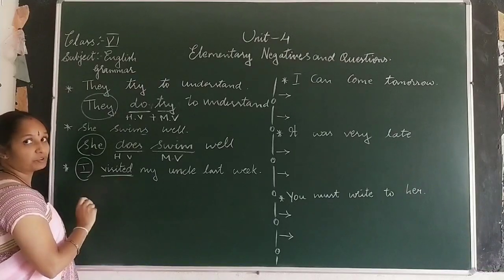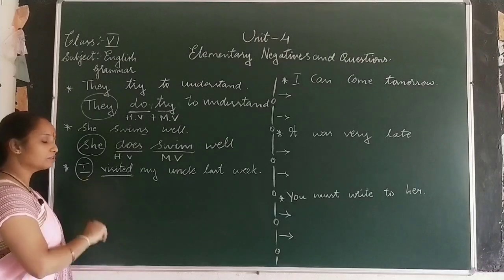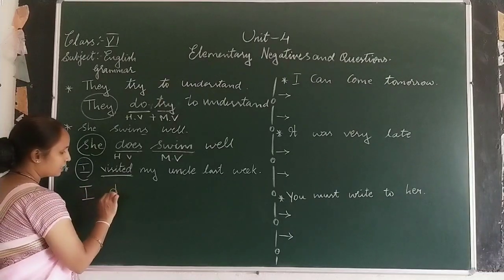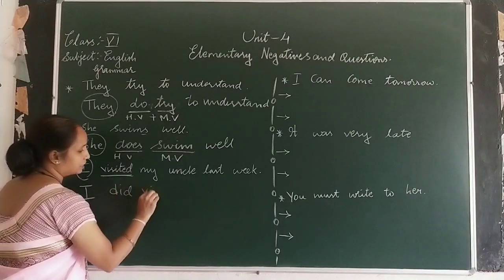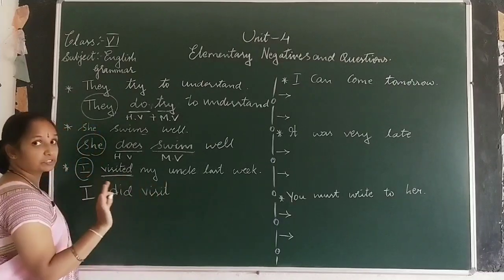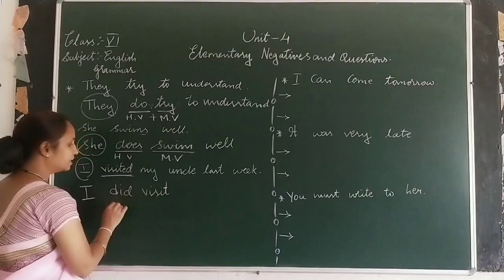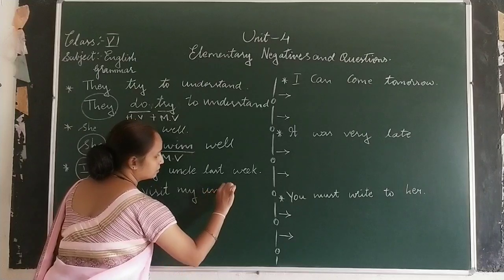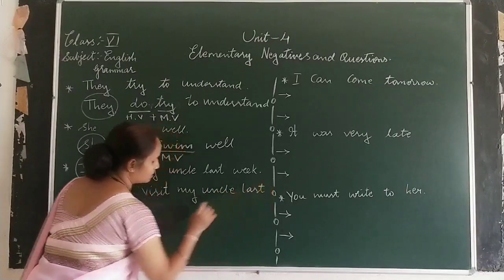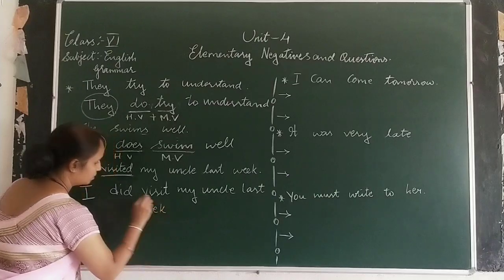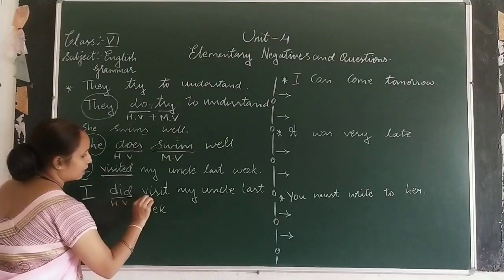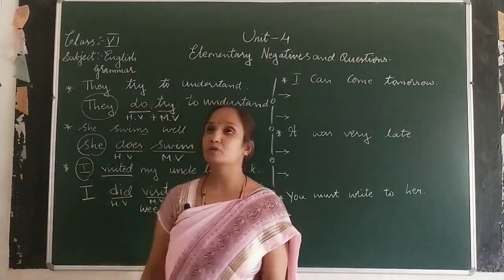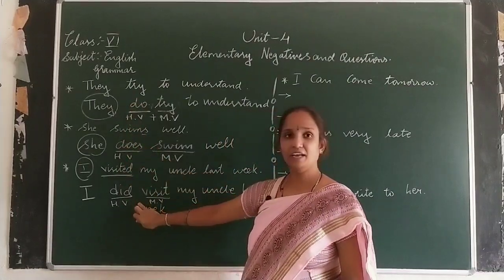Which do verb do we have to use? We have to use the past do verb. I did visit my uncle last week. We write only visit. This is the helping verb and this is the main verb. Okay children, these are the examples of do, does and did.